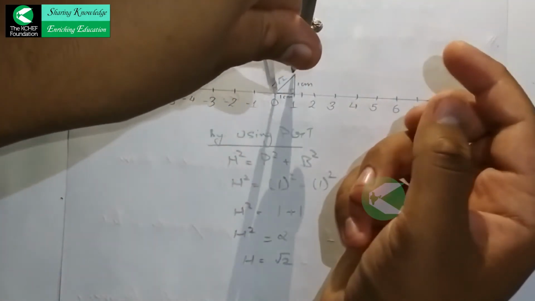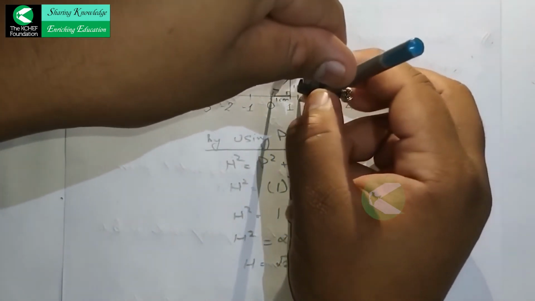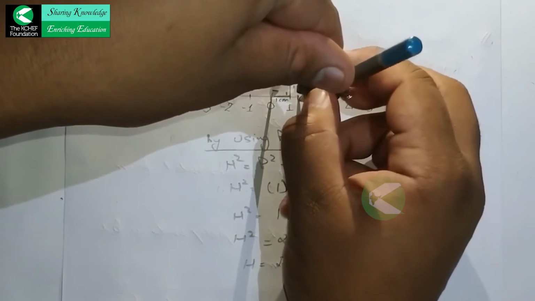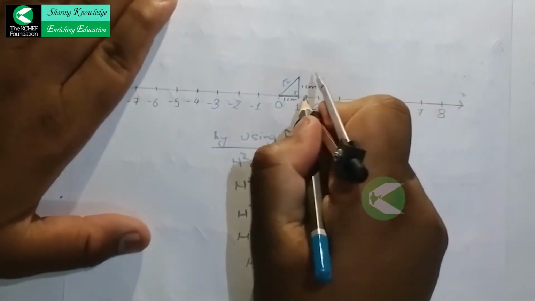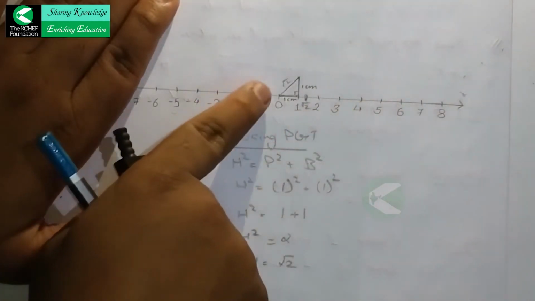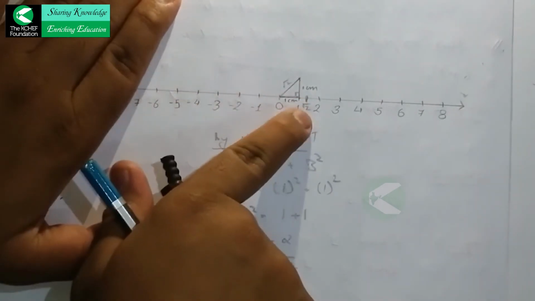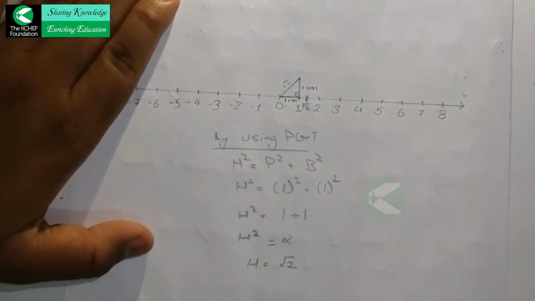As you can see, I have opened it till here. Now you just draw an arc till here on the number line. As I have drawn this arc, you can see that this point is root 2 on the number line. You just need to open the compass and put an arc on the number line. That point will be root 2. Like this, we can put root 2.